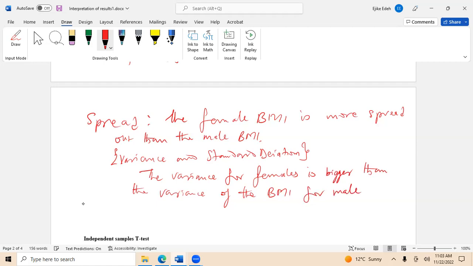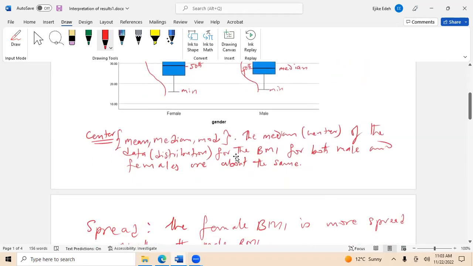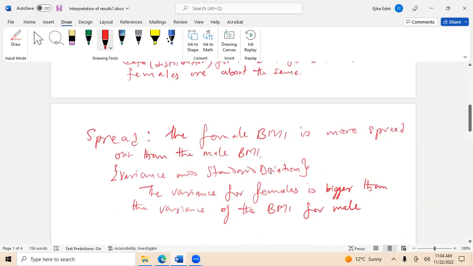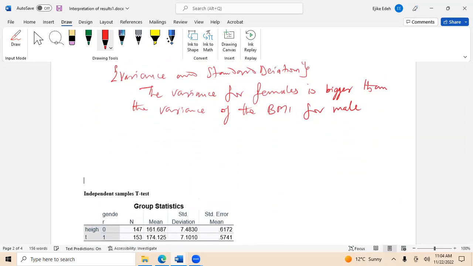And then a third interpretation, of course, will be on the shape. So again, if we look at this, looking at the histogram we've done, you see that this one is stretched out on the right-hand side. So interpreting the shape, we usually use skewness.